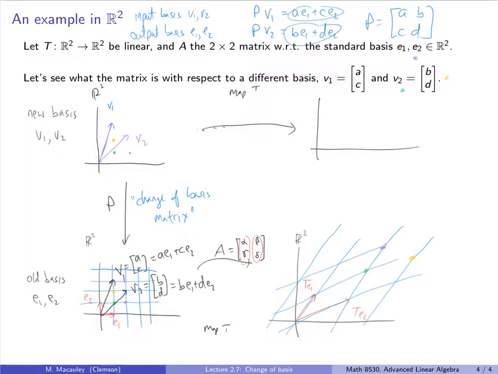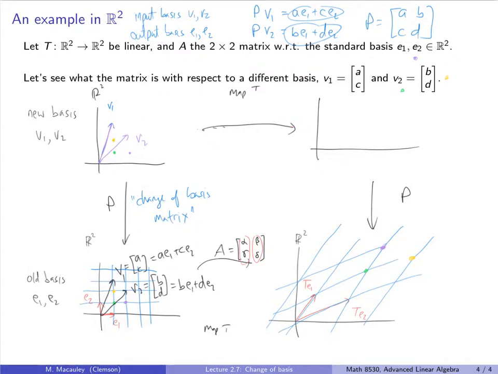So what's the matrix with respect to this new basis? Well, if we go over here and we apply P, all that does is send us from here down to here, the identity map, and it changes the basis. In other words, this map that we want can be constructed in three steps.